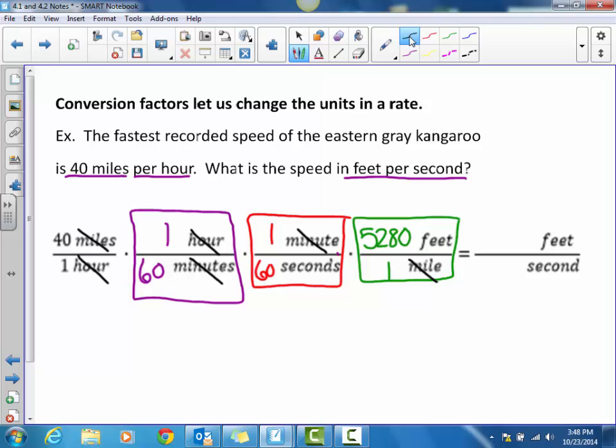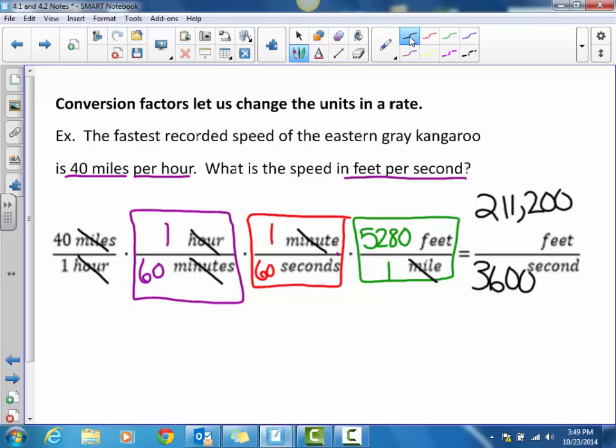So I end up with 40 times 5,280, which equals 211,200 over 60 times 60, which is 3,600, and I need to divide that.